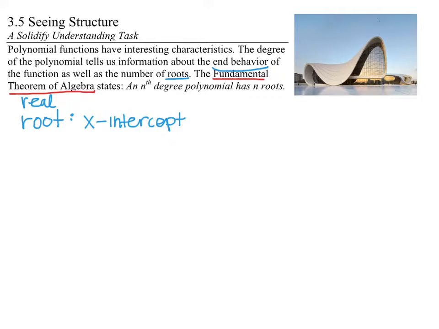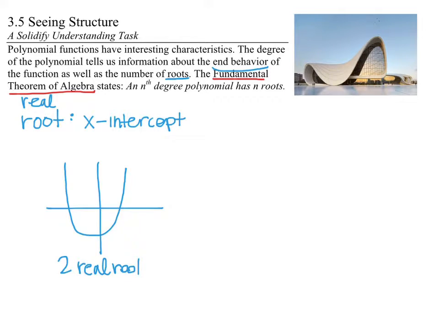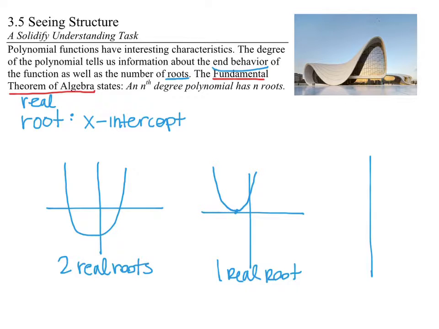If you remember back in secondary math 2, we did a lot with quadratics. When I graph a quadratic, it gives me a parabola. I either have a parabola that gives me 2 real roots, a parabola that touches the x-axis, and as a result gives me 1 real root, or we had the case where it never even touched the axis.